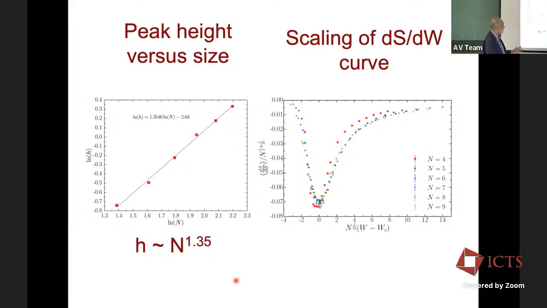I should warn you up front that this exponent violates the Harris criterion. But most quantum phase transitions in disordered interacting systems seem to do that. And that may be just a small size effect, that these are effective exponents, not the true asymptotic exponents.